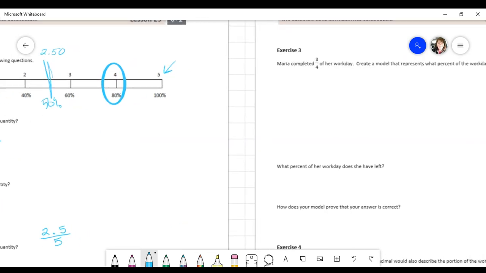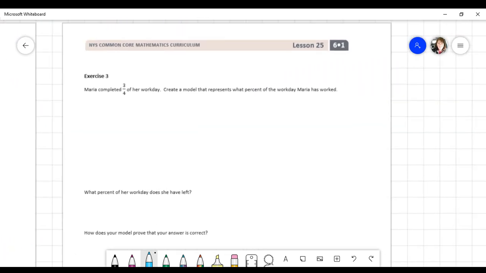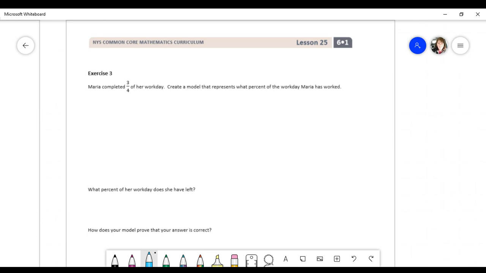All right, let's take a look. Exercise 3. It says Maria completed 3/4 of her workday. Create a model that represents what percent of the workday she has worked. So let's go ahead. I'm going to just draw kind of like a tape diagram.